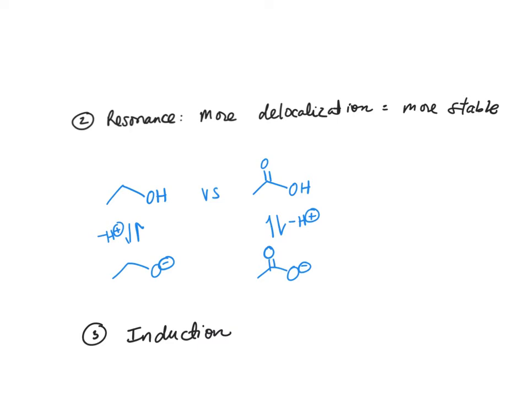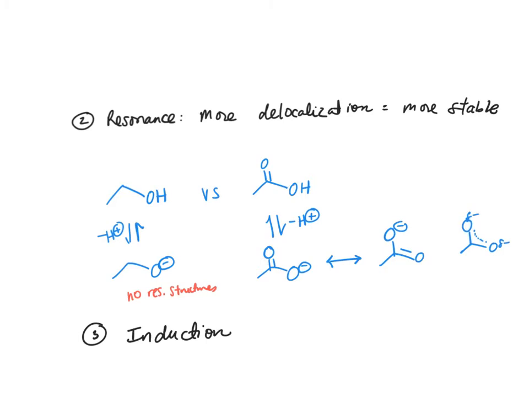In the example of ethanol, there are no resonance structures. In the example of acetic acid, we have 2 resonance structures, giving us this resonance hybrid that we drew already.